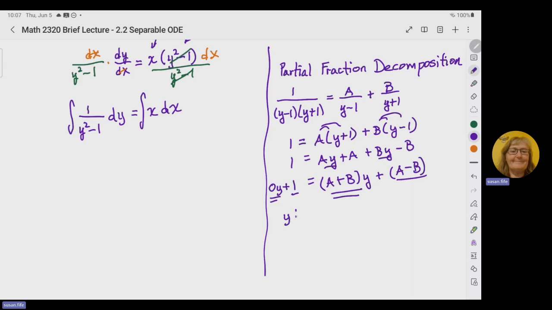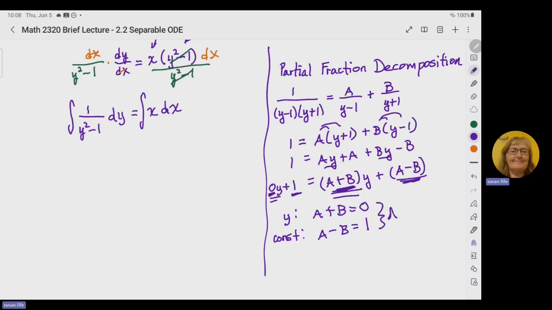And I want to equate the coefficients. For the y terms, I have a plus b equals 0. Those coefficients should match up. A plus b equals 0. And for my constants, I have a minus b is equal to 1. That gives me a system of equations that I can solve.